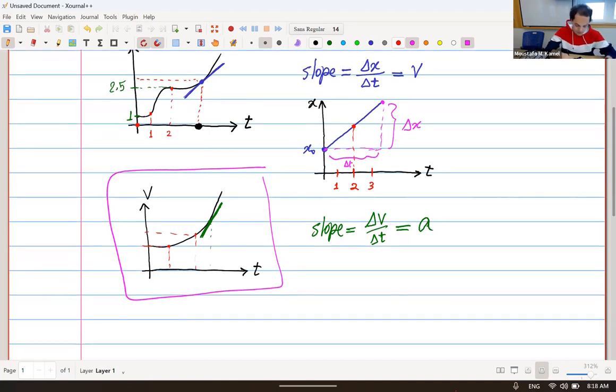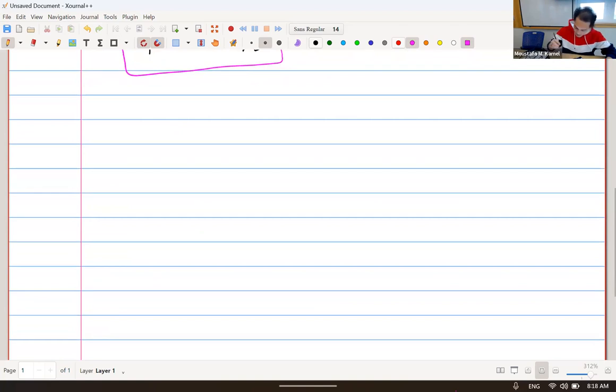So we want to go the other way around. So let's write that down schematically here as from position to velocity, we calculate the slope.